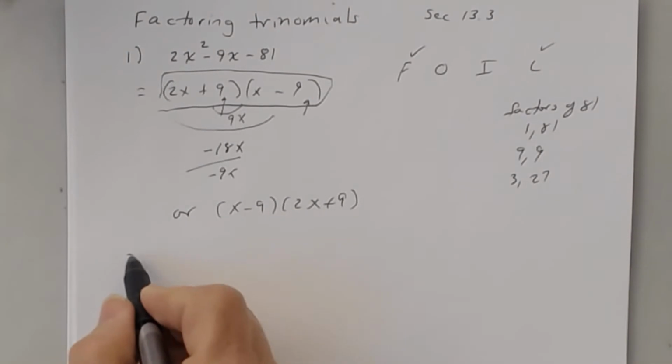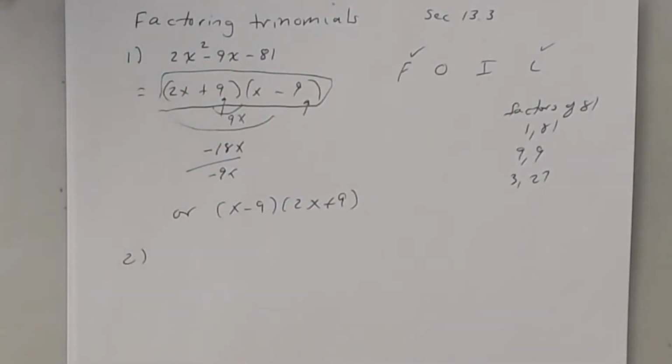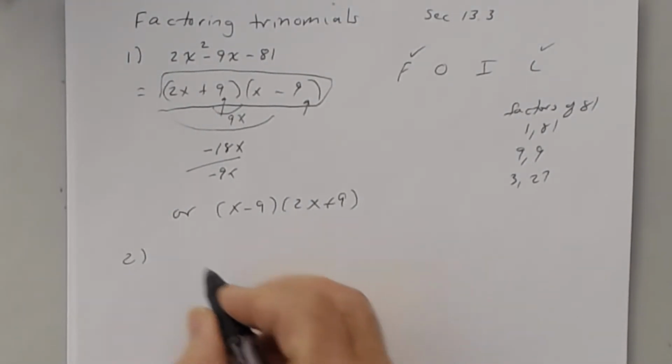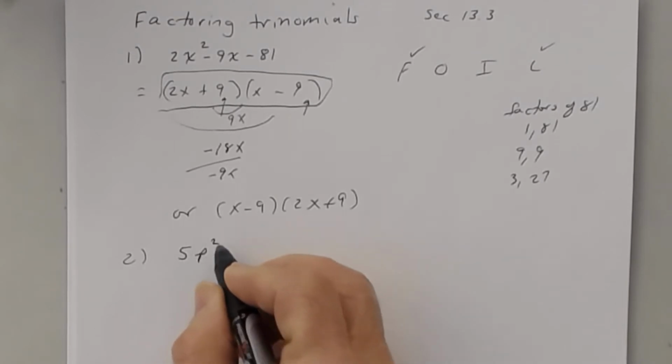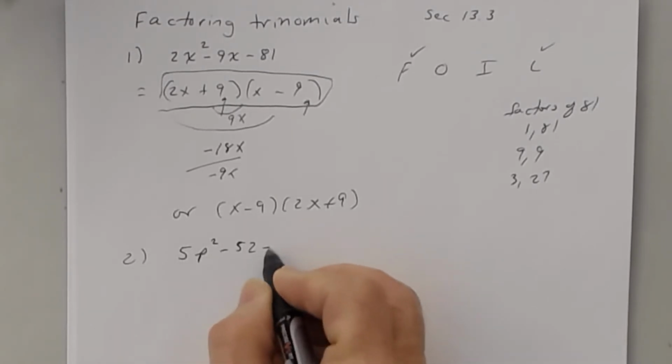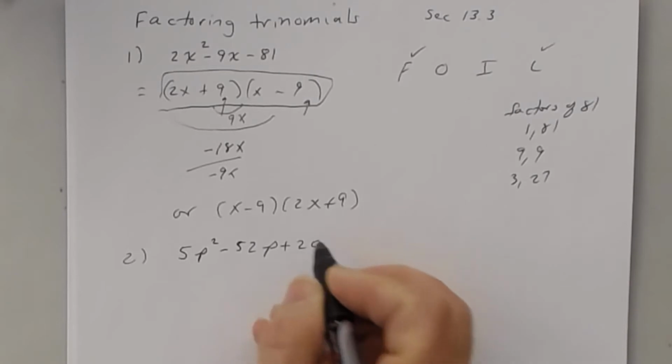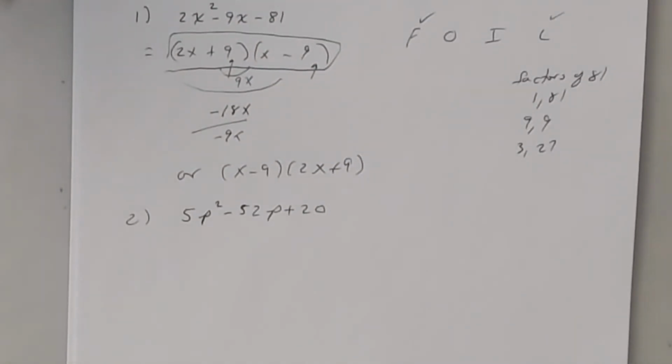All right, number 2. Suppose in number 2 you had this: 5p squared minus 52p plus 20. Okay, 5p squared minus 52p plus 20. All right, so you want to factor this, which should you always do first?